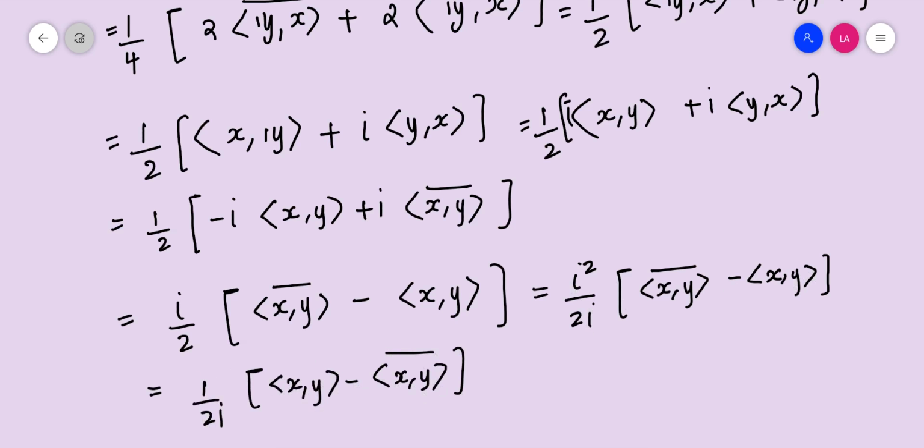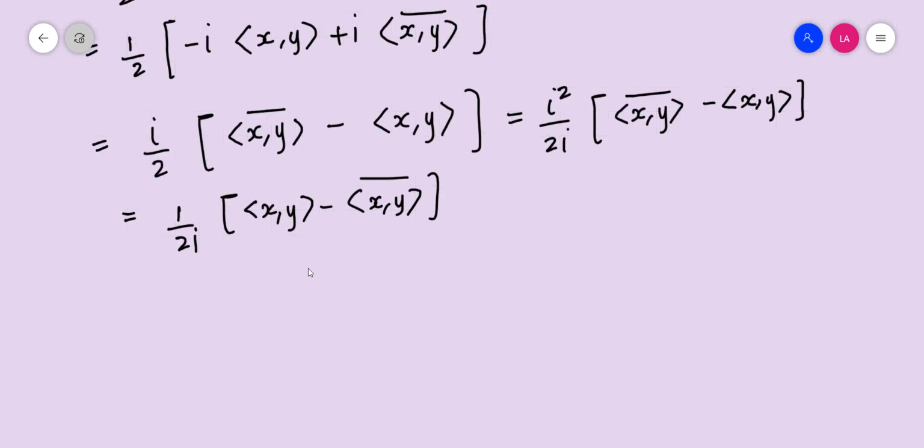Now this is actually a complex number along with its conjugate divided by 2i. So if a plus ib is a complex number, a minus ib is its conjugate, then b, the imaginary part, can be written as a plus ib minus a minus ib divided by 2i.